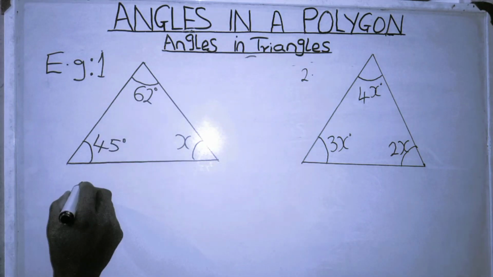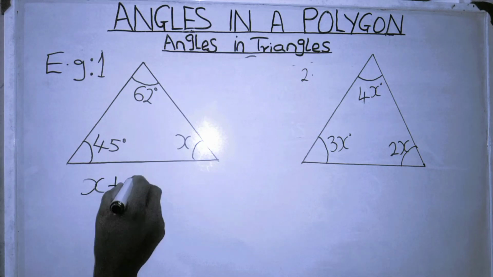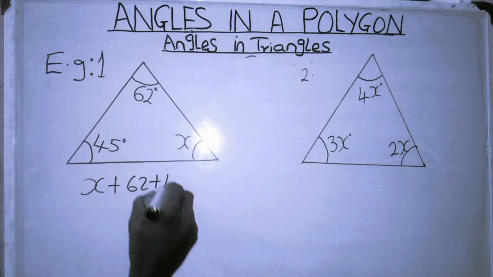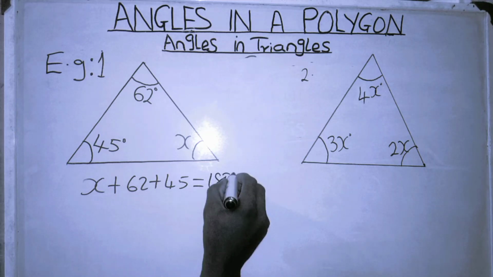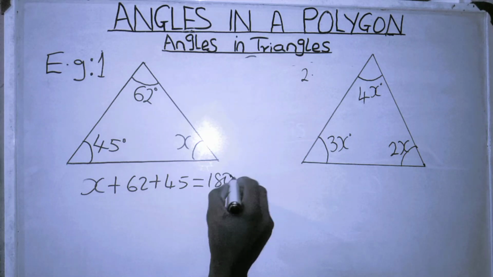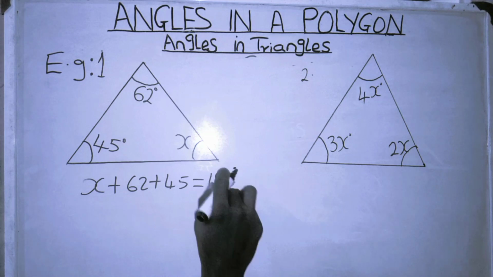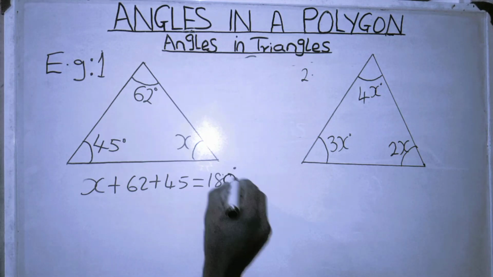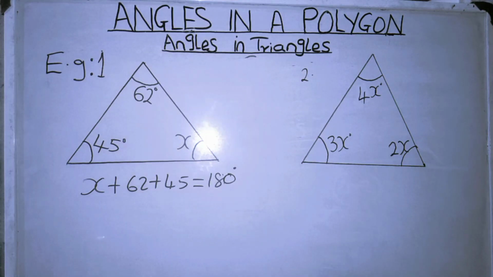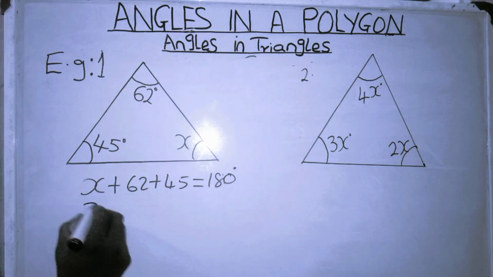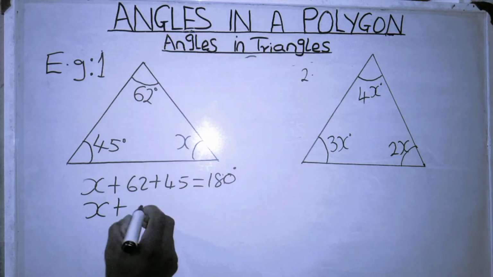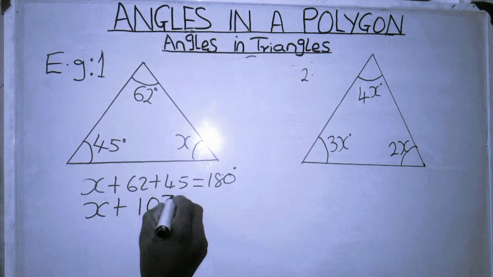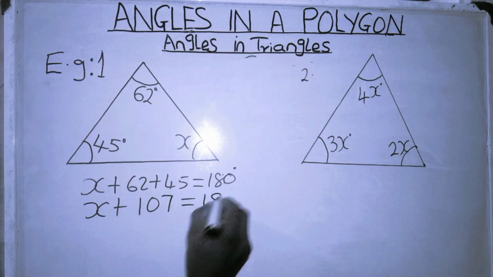So that will then be x plus 62 plus 45 all equal to 180 degrees. Hope you know the reason: the sum of angles in any triangle at all is equal to 180 degrees. All right, so let's collect like terms. That will now be x plus 107 equal to 180.